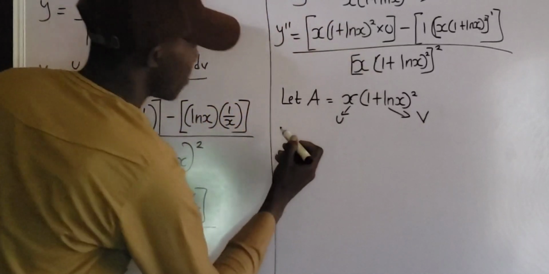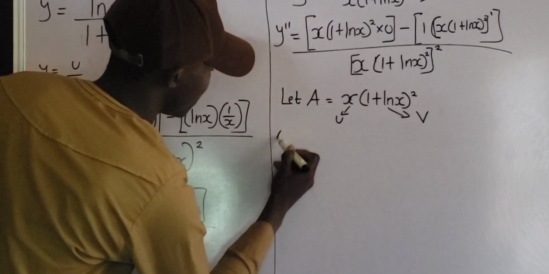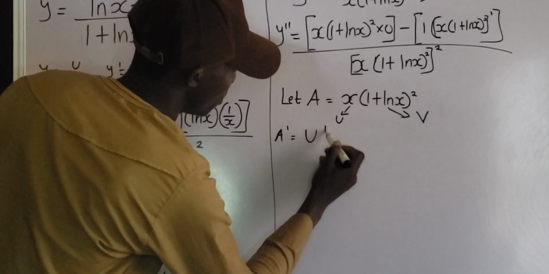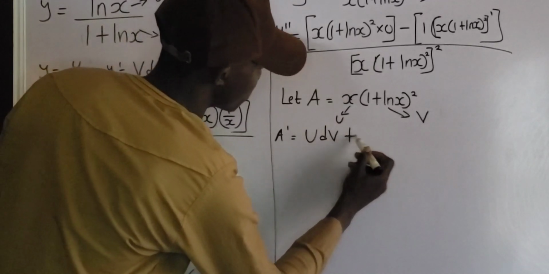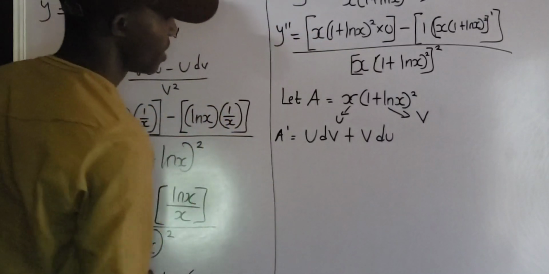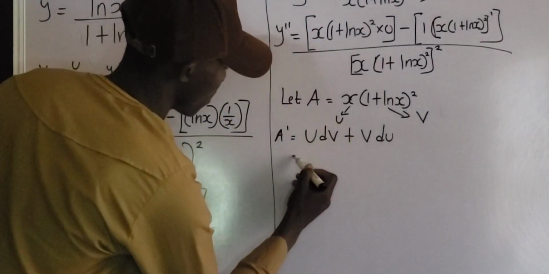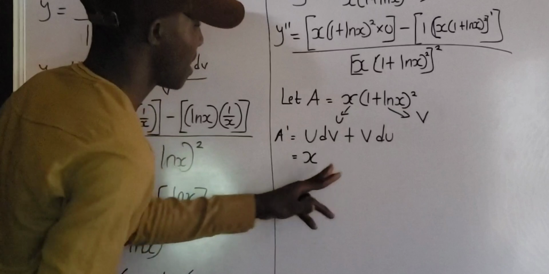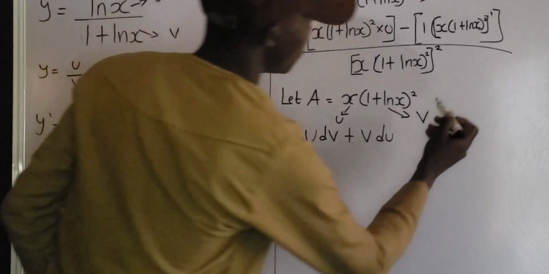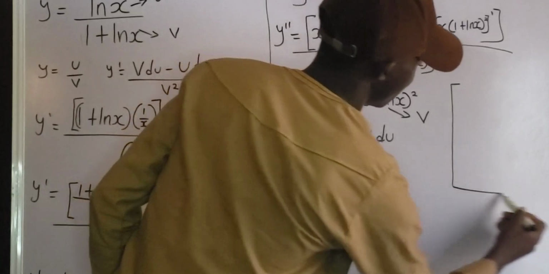So according to the product rule, the derivative of A is equal to u multiplied by the derivative of v plus v multiplied by the derivative of u. Are you paying attention? So u is x. So I'm going to have x multiplied by the derivative of v. I will simply differentiate v in this place.